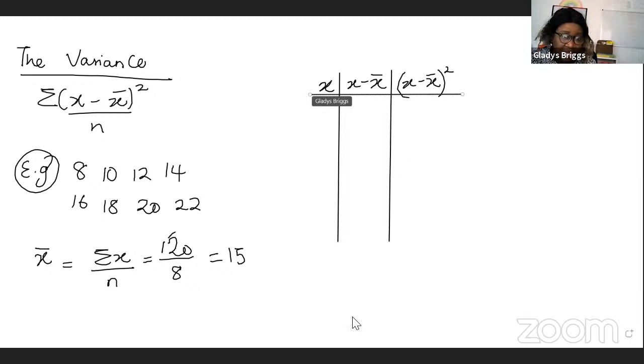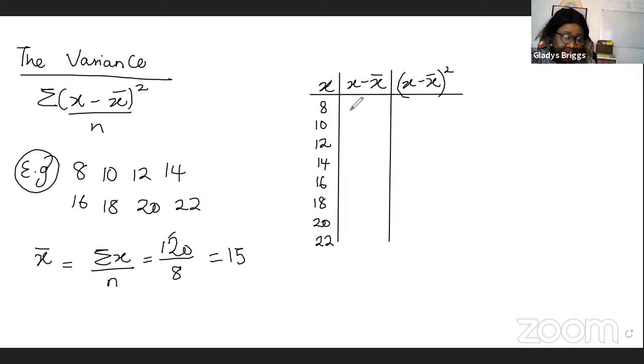Okay, so I'm gonna put all the information in. There's 8, there's 10, there's 12, 14, 16, 18, 20, and 22. Okay, so put your x minus x bar for me. You know what your x bar is? So it will be 8 minus 15.